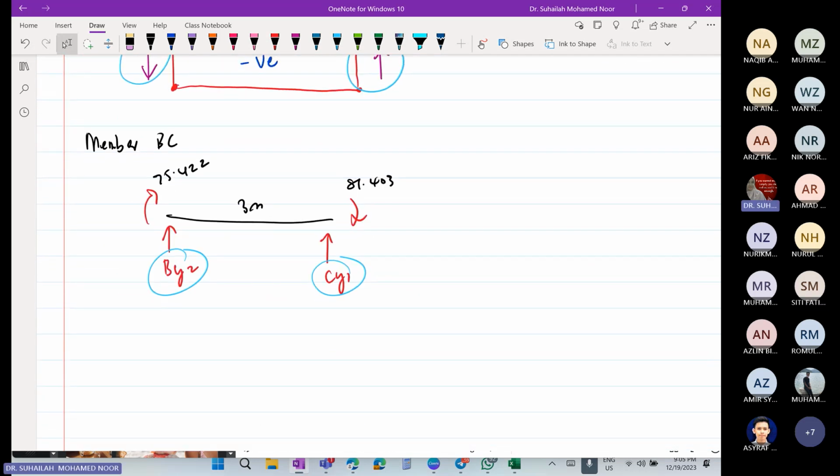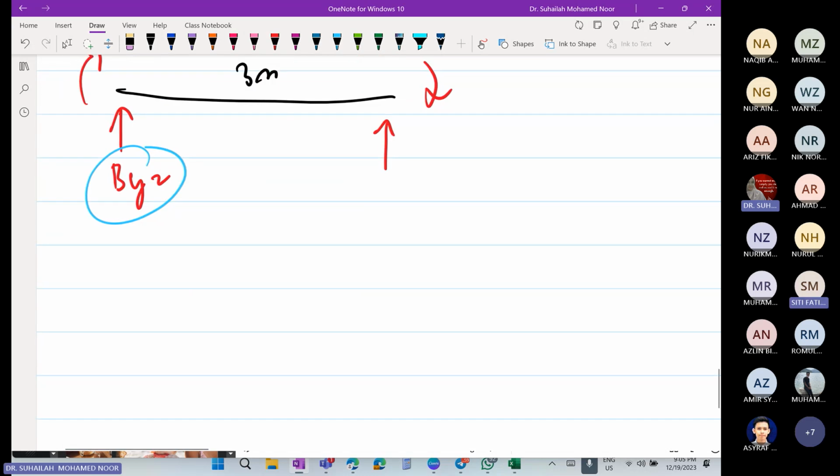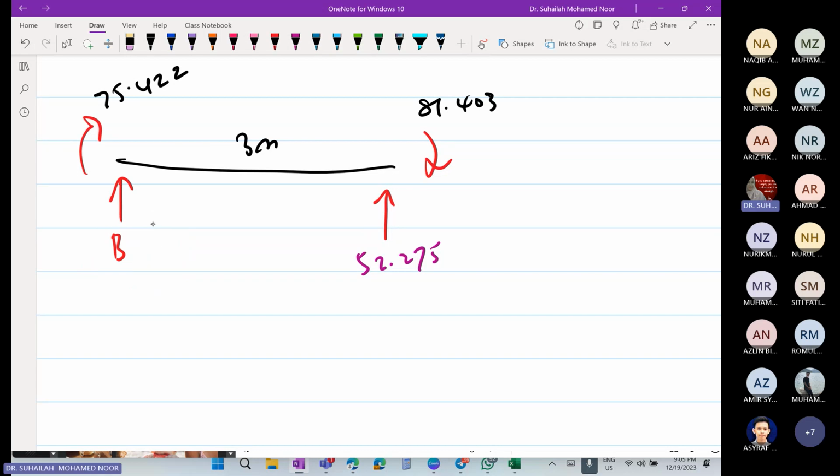So we get CY1 equivalent to 50.275, and we get this in opposite sign, 52.275.